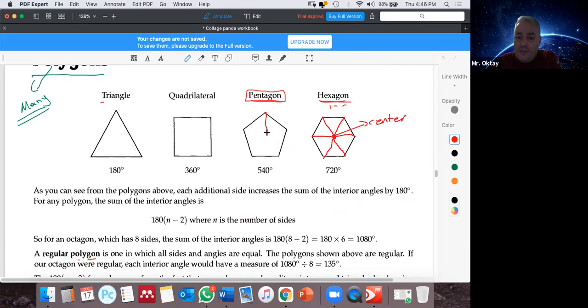Even if I cannot draw well, for a square, for example, it's so clear. If it is regular, this is the center. This is one important property.